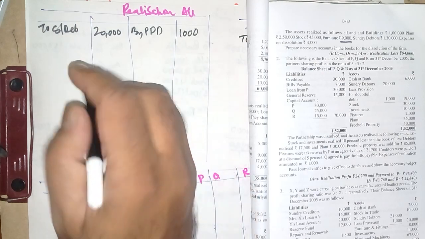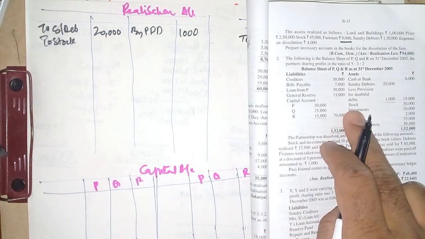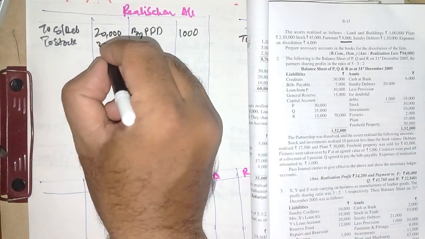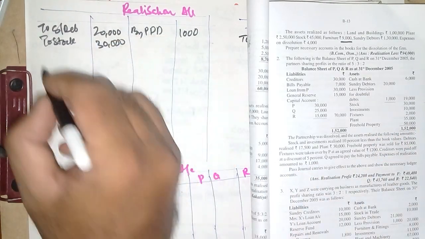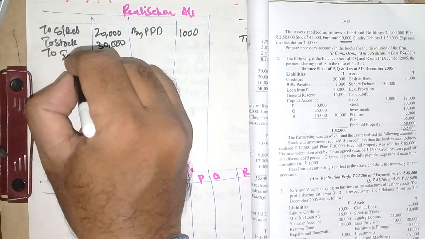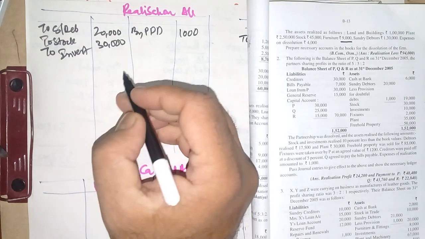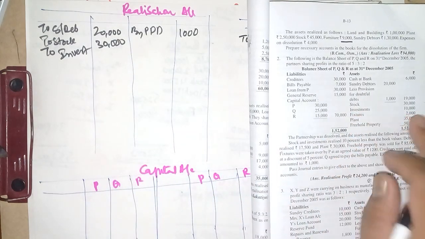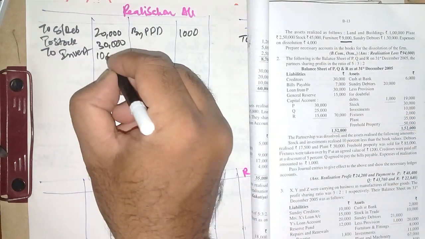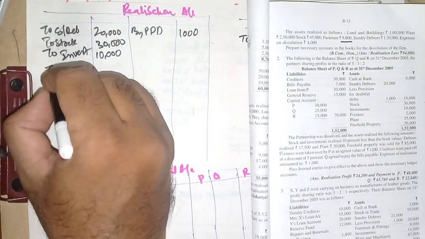Then next we have stock. The value of stock comes to 30,000. Next to investments, the value of investments comes to 10,000. Next I have fixtures.